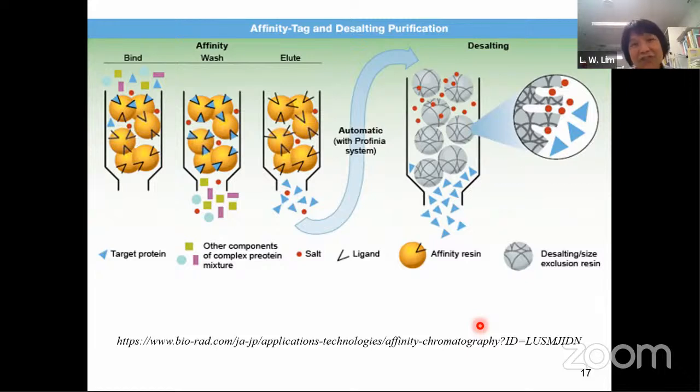So usually after size exclusion, some people will also use affinity to get more pure compounds of the drugs. You don't use affinity from the beginning, because if you do, the column will not be so good.